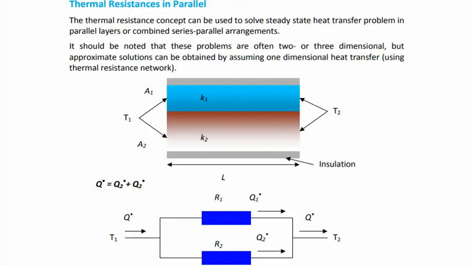The thermal resistance concept can be used to solve steady state heat transfer problems in parallel layers or combined series parallel arrangement. It should be noted that the problems are often two or more three-dimensional, but an approximate solution can be determined by assuming one-dimensional heat transfer and forming the thermal resistance network.